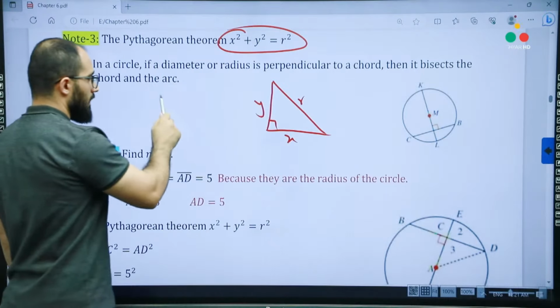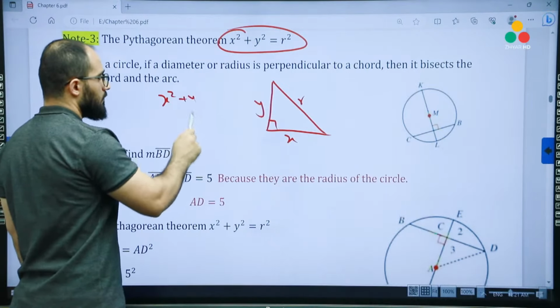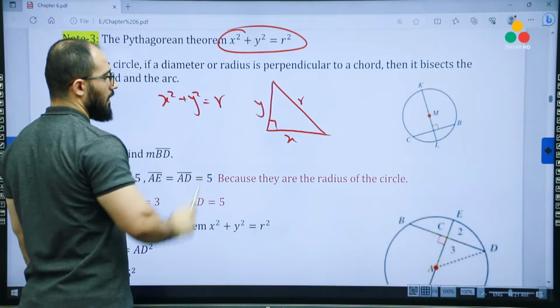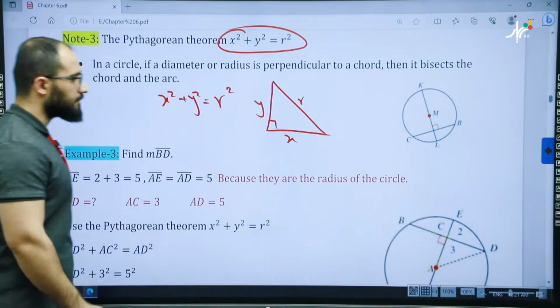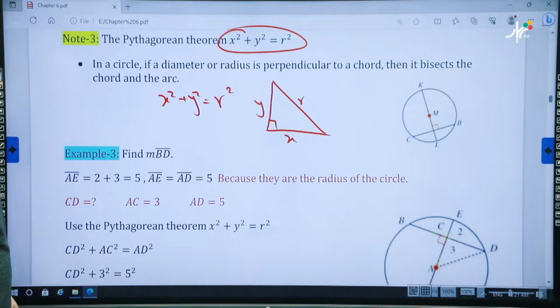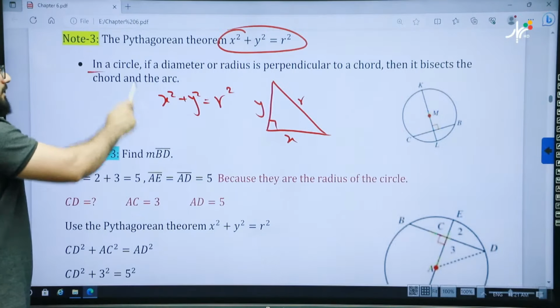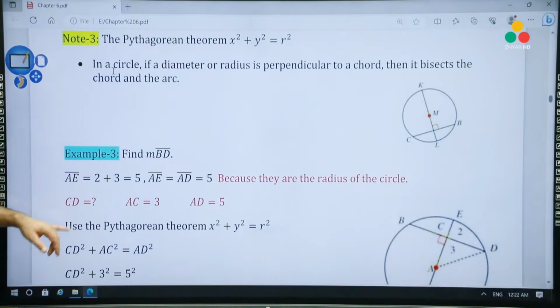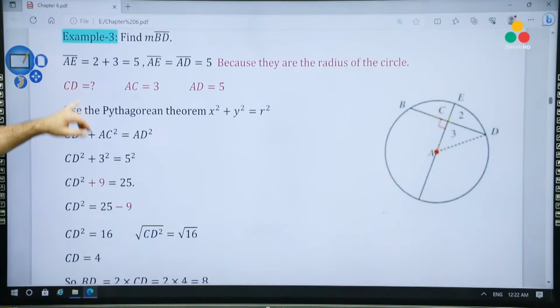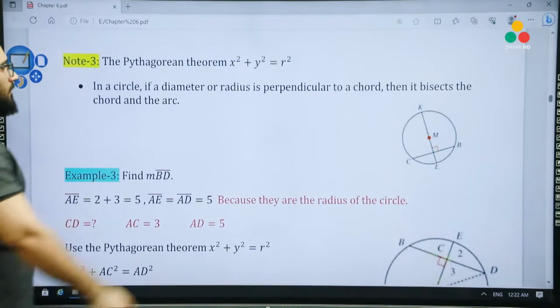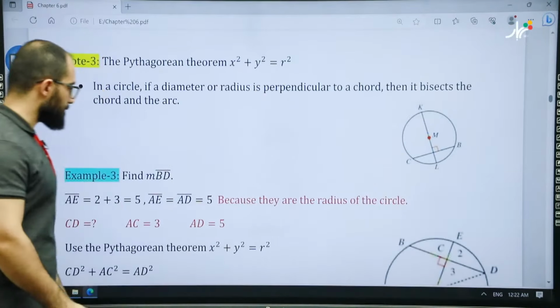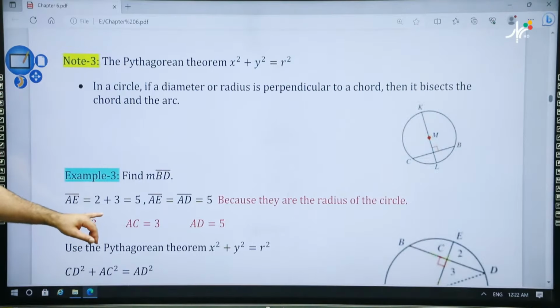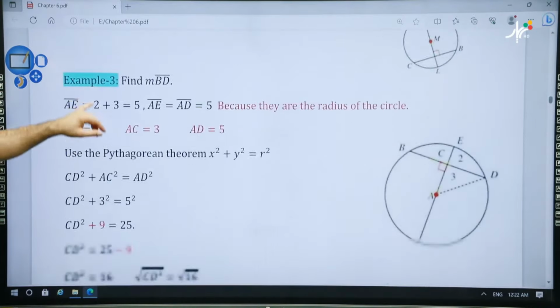Then the rule is x squared plus y squared is equal to r squared. Then in a circle, if a diameter or radius is perpendicular to a chord, then it bisects the chord and arc. We are going to explain in the example. What is important is you have to know the rule of the Pythagorean theorem: x squared plus y squared is equal to r squared.